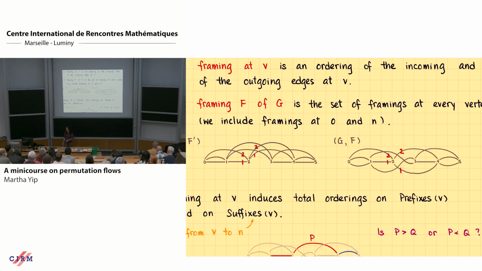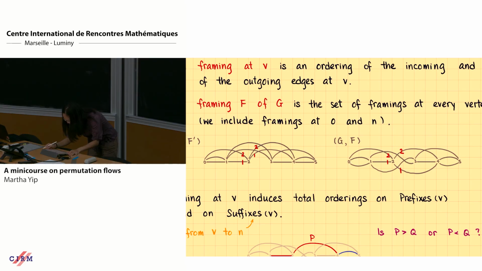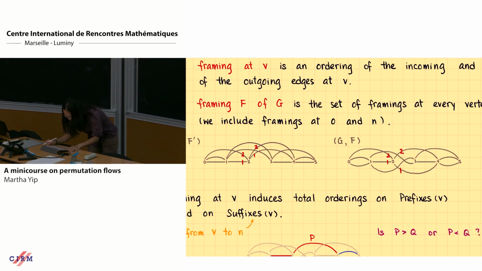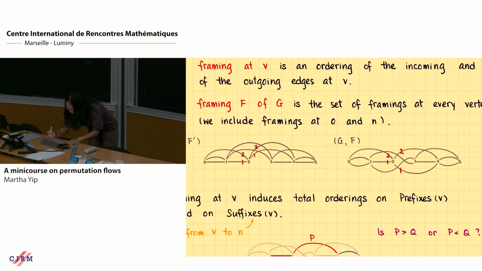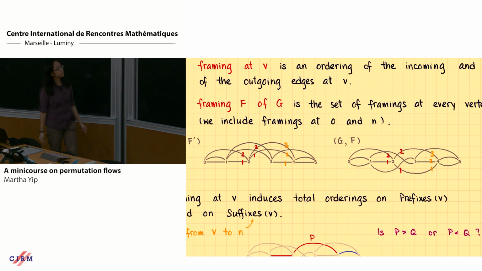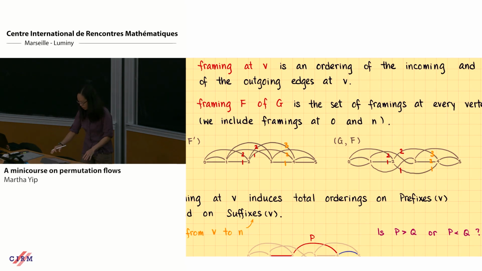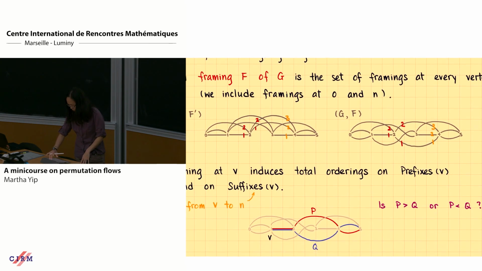So these 2 framings are different. At 4, the incoming order is different because now the short edge is in between. Anyhow, there are many, many different framings for each directed graph.